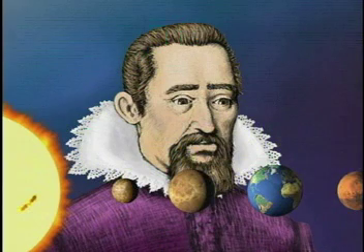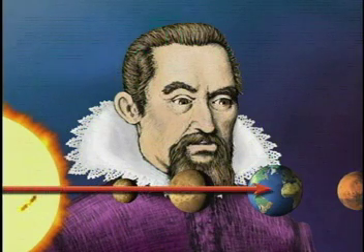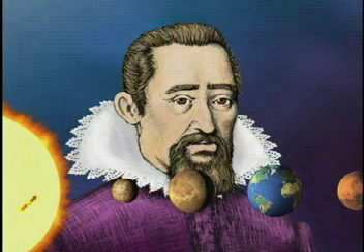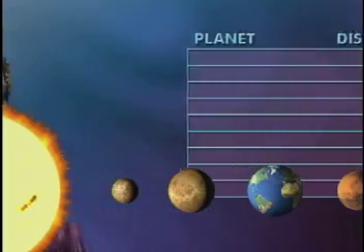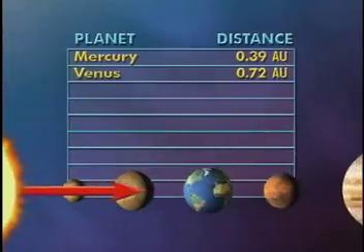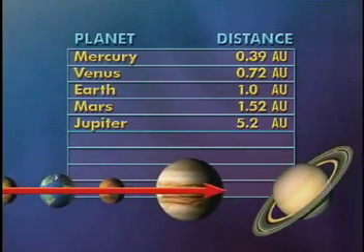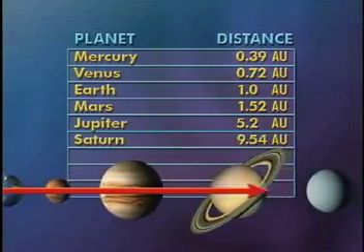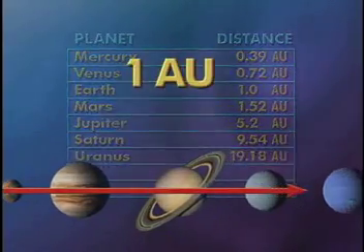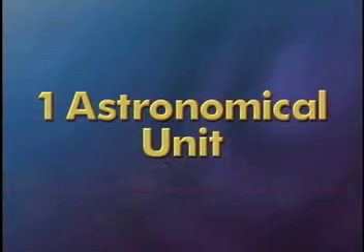But his geometric model was based on the scale of the Earth's orbit, not on its actual diameter in kilometers or miles. He determined the ratio of the distance of each planet to the Sun relative to Earth's distance to the Sun. His baseline unit, the distance from Earth to the Sun, was designated as exactly 1 AU, or 1 astronomical unit. The problem is that Kepler could not accurately determine the distance between the Earth and the Sun.